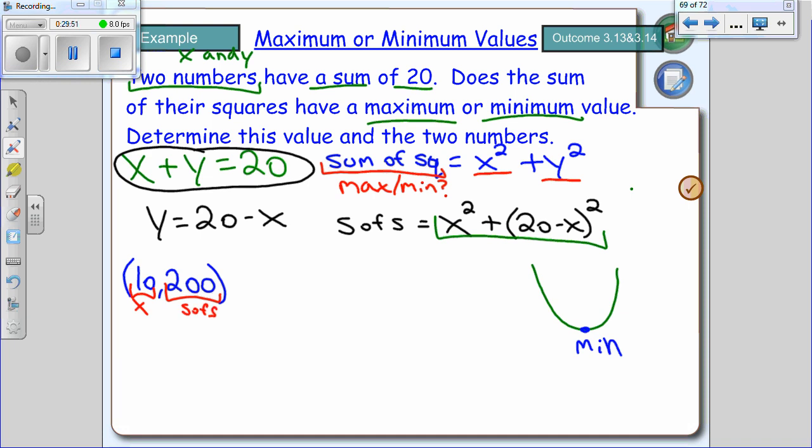If this number is 10, the other number would have had to be also 10. Go to that formula: 20 minus 10 would be 10.